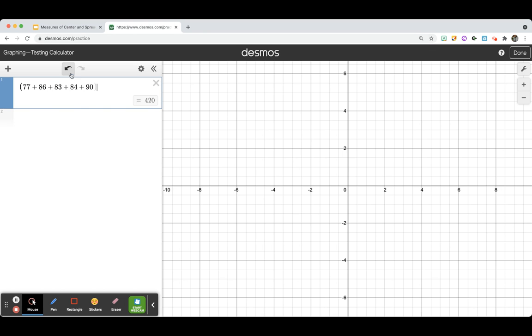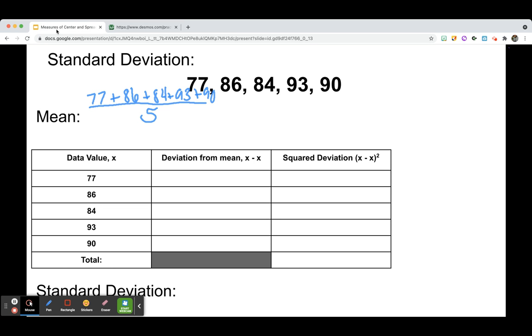I just messed that all the way up. 93, 90, close that set of parentheses. 1, 2, 3, 4, 5 numbers. Divide that by 5. So we have the mean as 86. So my mean is equal to 86.